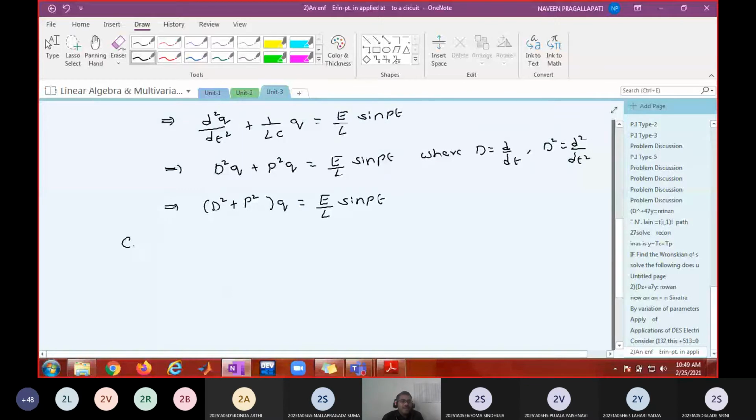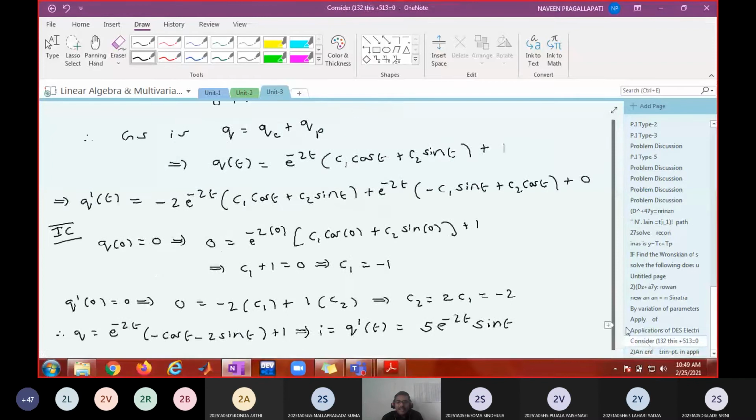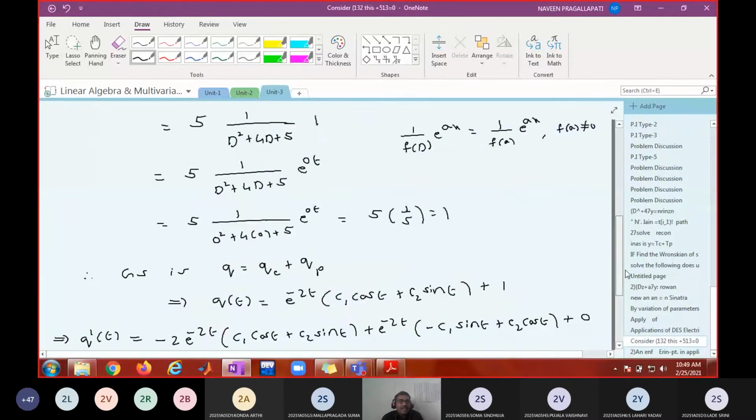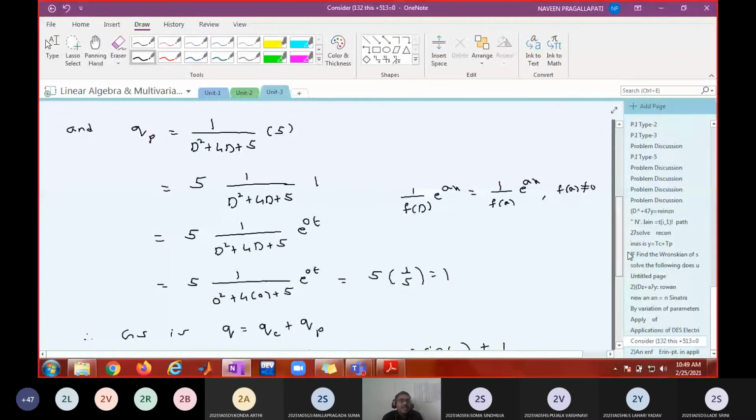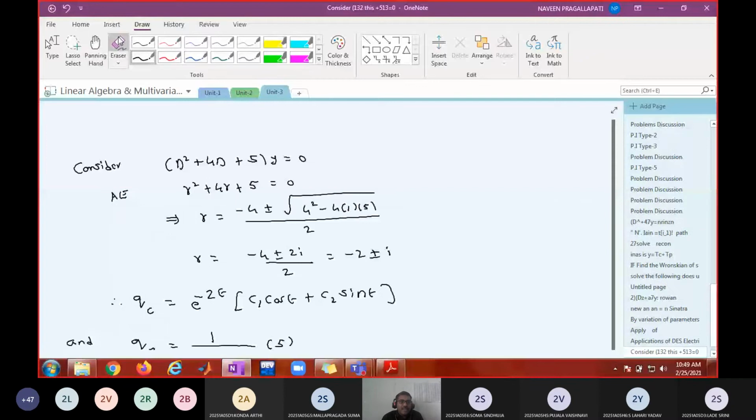Okay, so consider the homogeneous equation. Therefore the auxiliary equation. Is this, did I consider it as y only? There is a mistake. Can you see this? It should be q. Please correct it.